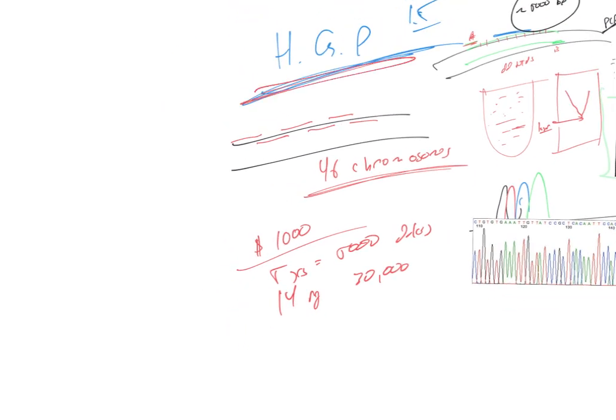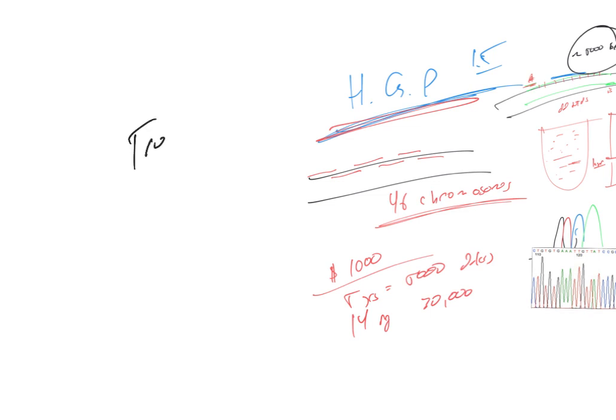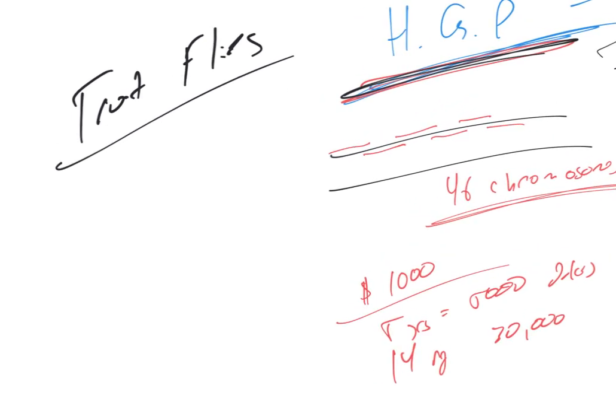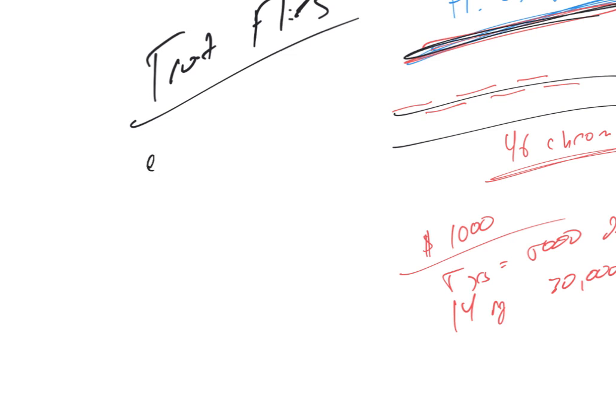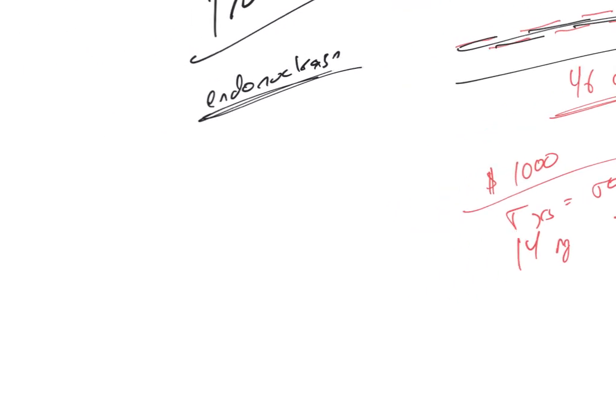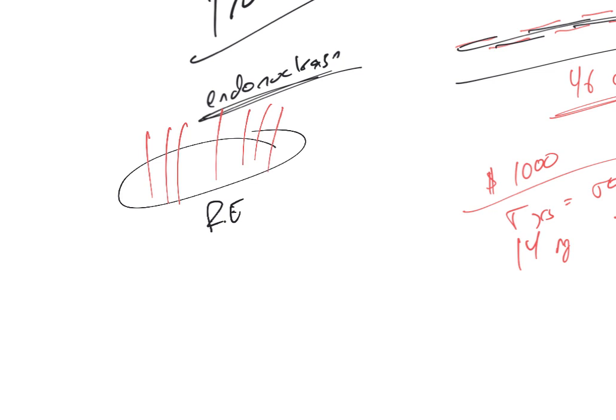Now what's cool is they did this with, I think, fruit flies or something. This company that was competing with the Human Genome Project did a whole different method. They used restriction enzymes, endonucleases. Instead of going bit by bit down the chromosome, here's my chromosome, they took restriction enzymes and chopped it up into 1 billion pieces.